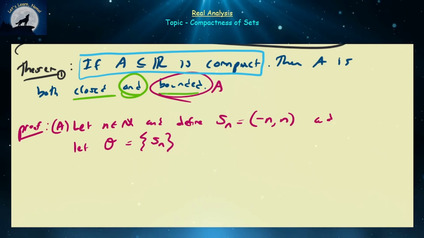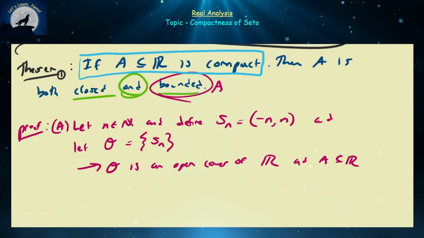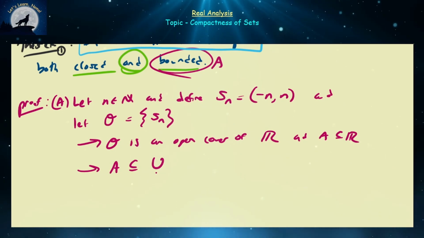So it's almost the same exact sequence of intervals that we've been using to contradict compactness for the other sets. So we have already, in some sense, shown that O is an open cover of R. And we know that A is a subset of R by definition. So that means A is a subset of the union across all k of these S_k's.